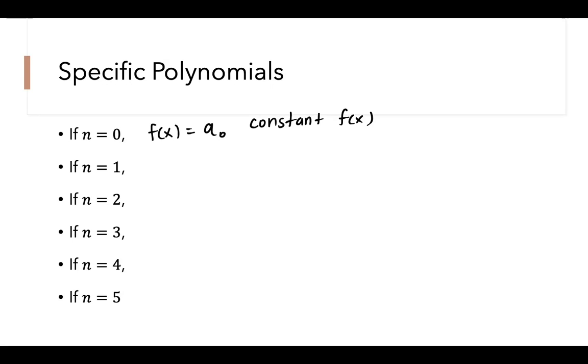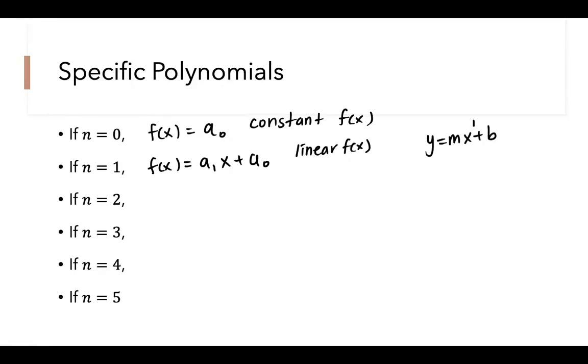If n is equal to 1, for example f(x) = a1x + a0, this is a linear function. The one we see often is y = mx + b.